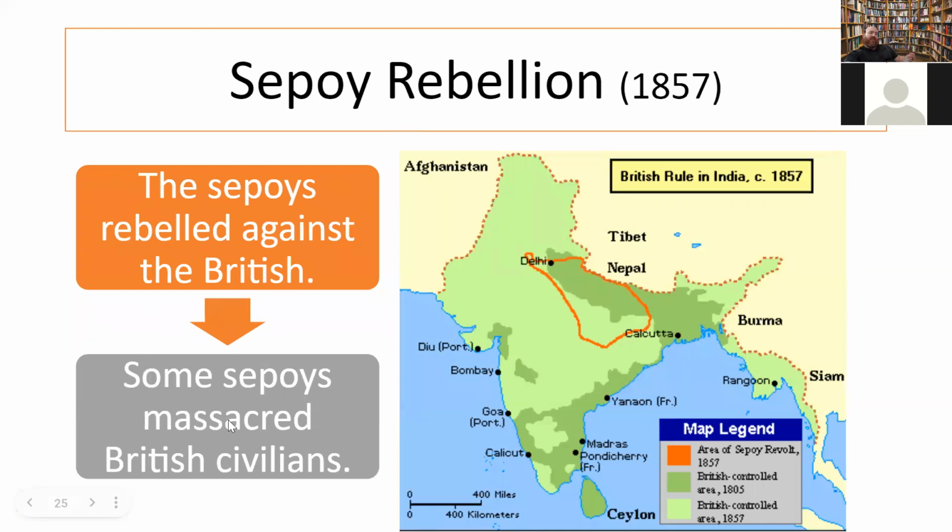The sepoys rebelled against the British. So yes, some sepoys massacred British civilians, but the way that the British put down this rebellion is horribly brutal.